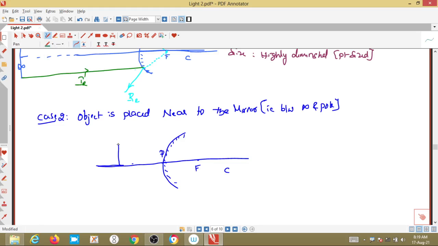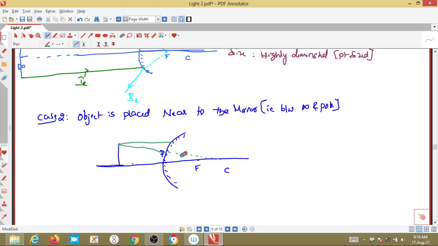First incident ray I am taking parallel to the principal axis. And the second ray I am taking, it appears to be focused to the point C, okay.